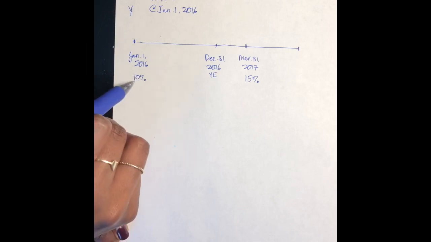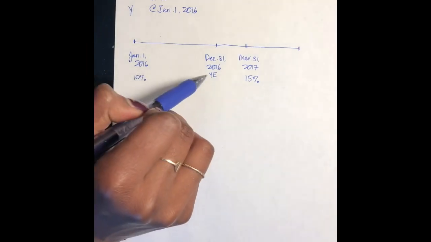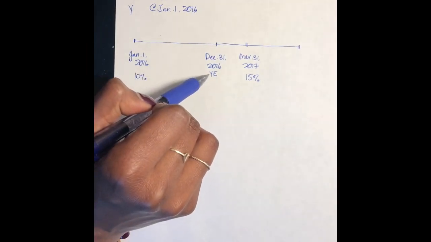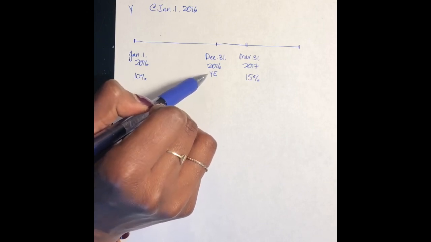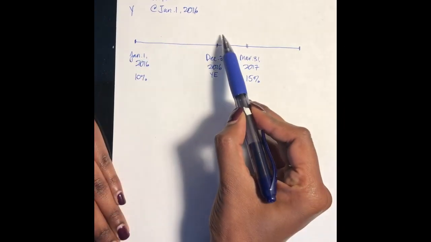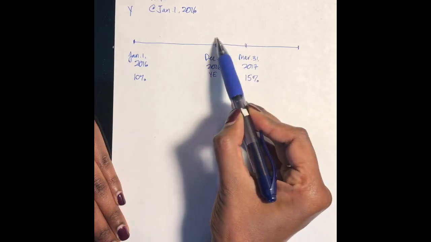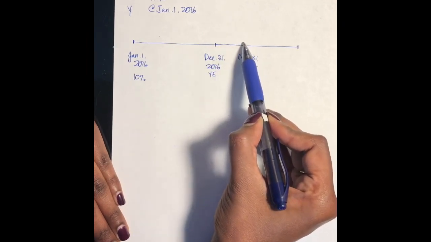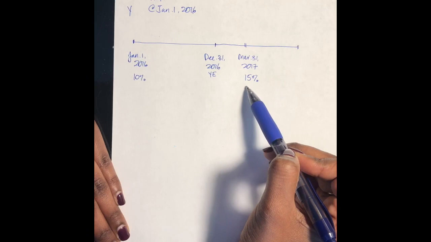So you're going to book your initial acquisition here. Here you're going to report any dividend revenue that you earned and any gains or losses on the fair value of the investment. Then we're going to do a little bit of accounting here to make up for this 3-month difference. And here's the most important part.